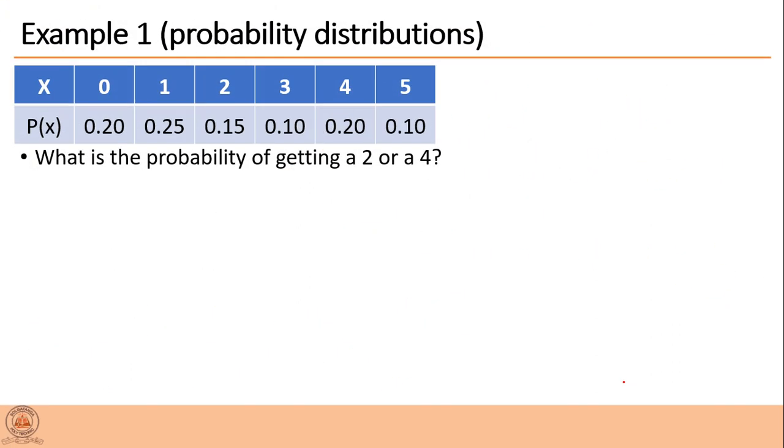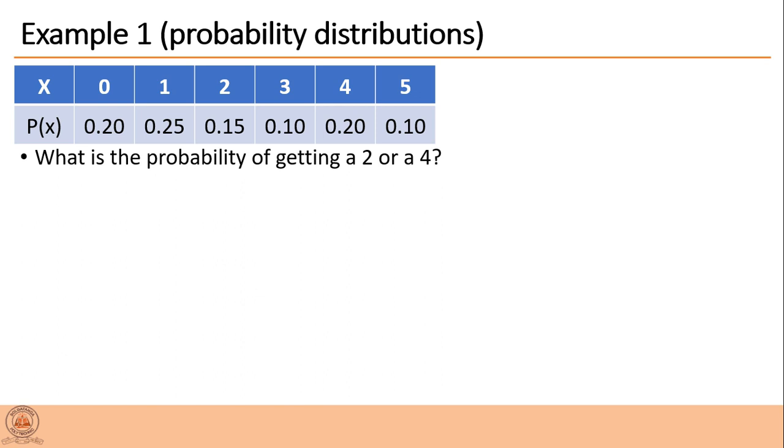Alright, so let's take an example of a probability distribution. We have x as our random variable, and then the probability of x is what we have there. So what is the probability of getting a 2 or a 4 from this particular example?